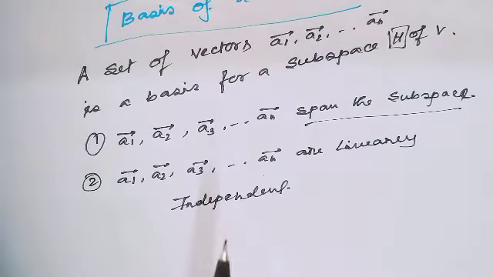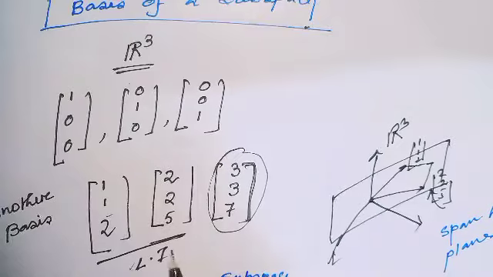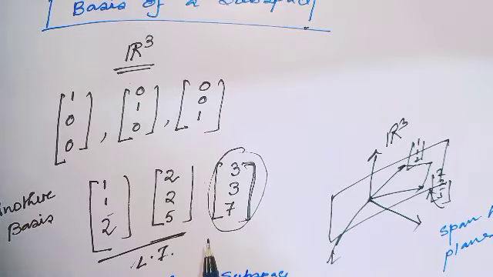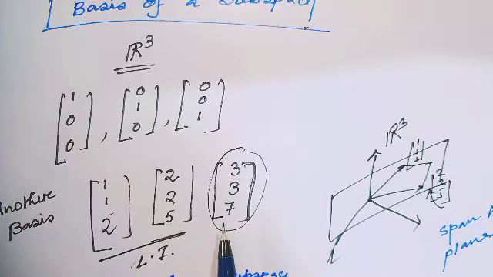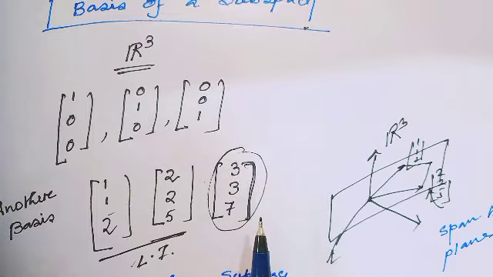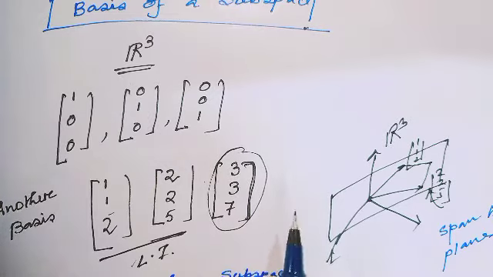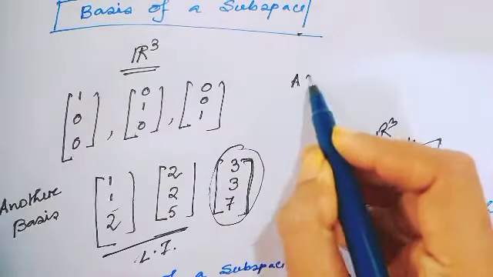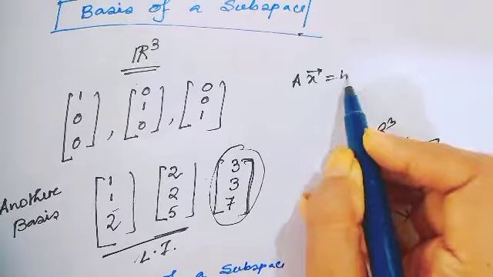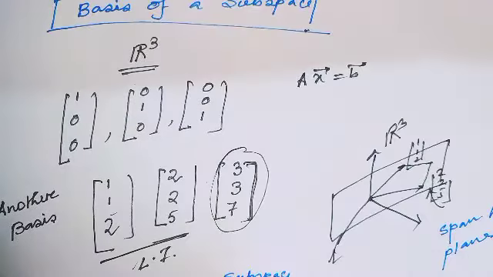This is the actual definition of a basis of a subspace. Algebraically, this means these vectors generate a matrix for which Ax equals b has a solution, where b is a linear combination of these vectors.